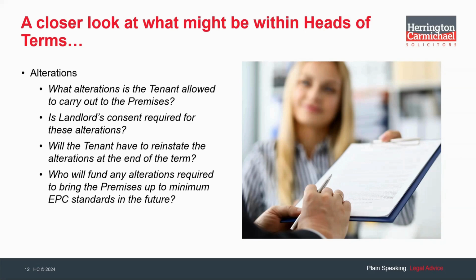If the building that you're wanting to take is a low banding and doesn't have a good EPC rating, then it might be worth, as a tenant, broaching this with the landlord really early on, saying, look, if any works are needed during the life of the lease, then really you should be funding those, not me. And again, this could be written into the heads of terms.